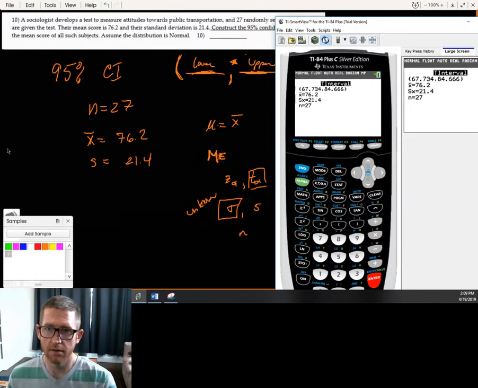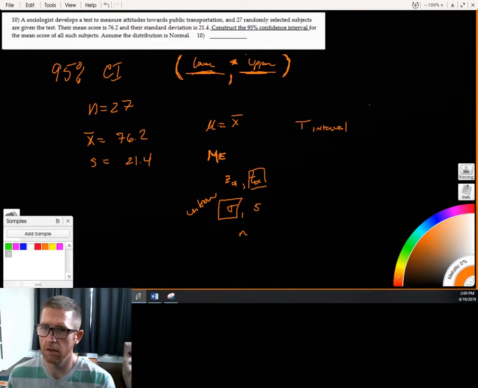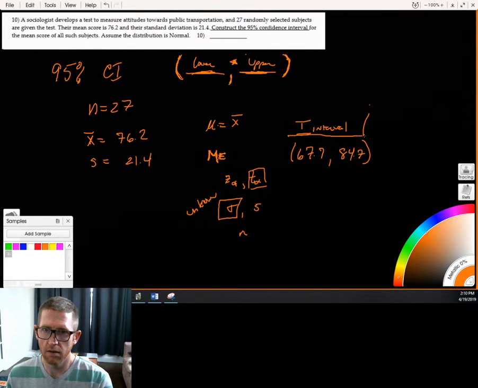And we get a T interval between 67.7 and 84.7. So that's our 95% confidence interval for the true mean score of all such subjects for this specific problem.